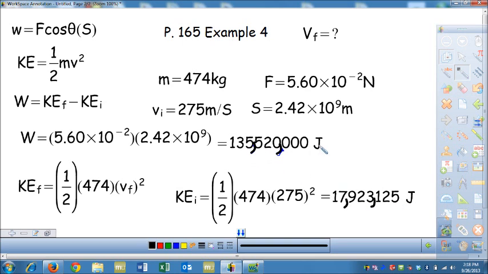We did this much work, so the final energy should be the initial energy plus the work done.